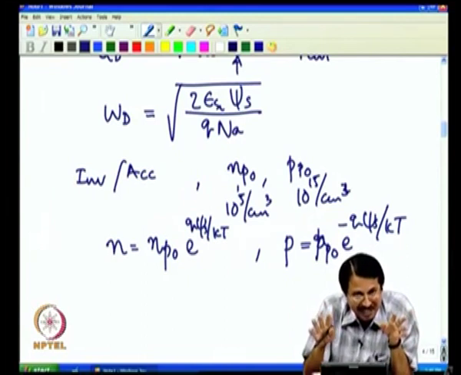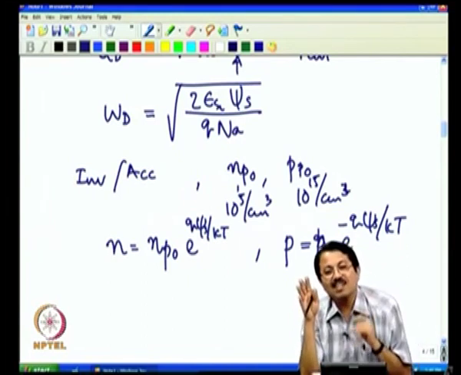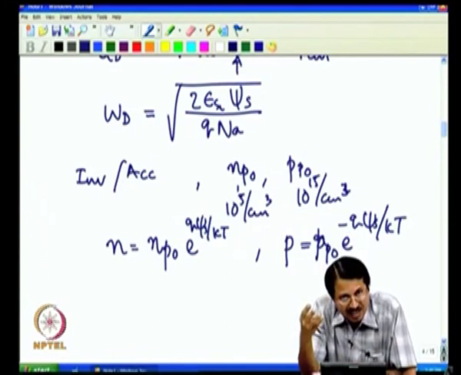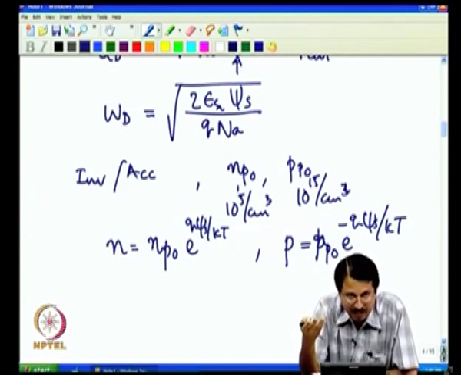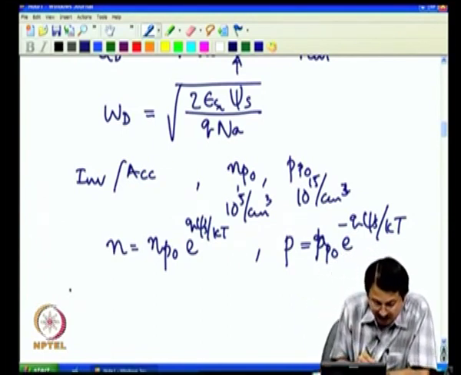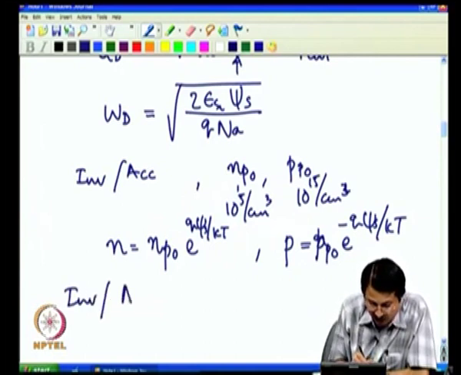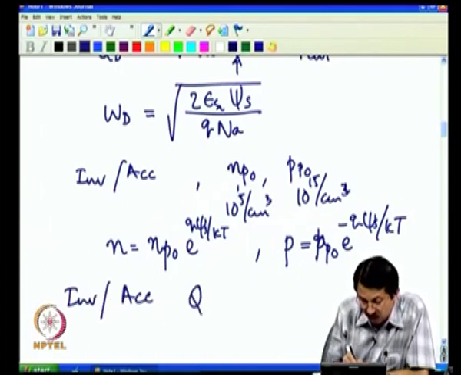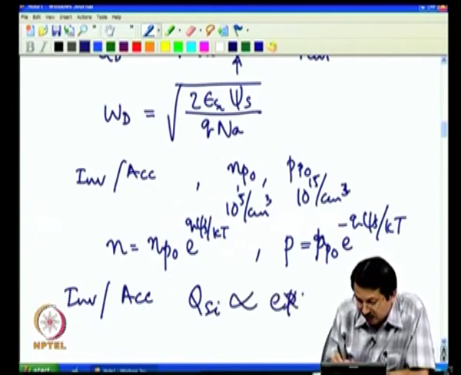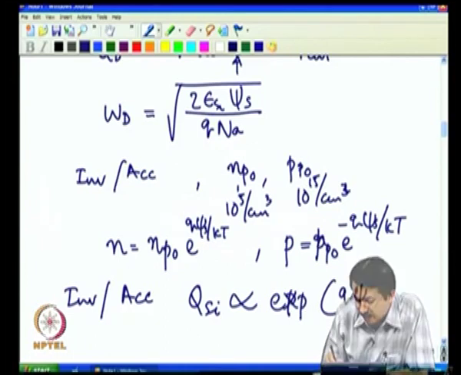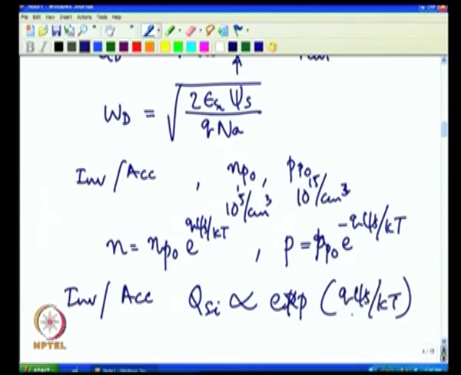It is not quite infinite. All we are saying is that silicon capacitance is very large compared to the insulator capacitance that we have. So, in inversion and accumulation conditions, because Q silicon varies exponentially with psi s, your dQ silicon by d psi s, the differentiation of an exponential function, is very large.